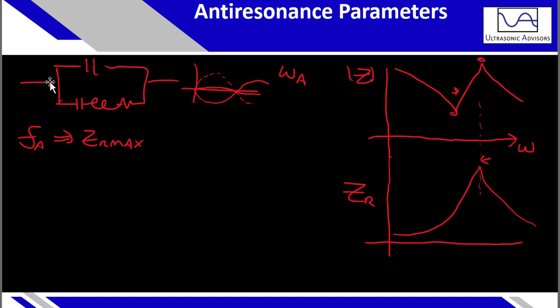Now ZR max, and so for very high Q devices, ZR and Z absolute are about at the same frequency. And this is also true for the resonance frequency. If the Q is very high, then there's little difference between the frequencies of real admittance and absolute value of admittance as well.